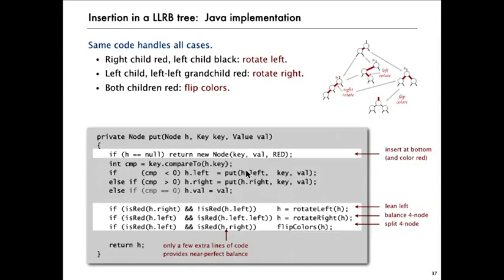And that strategy is going to pay off in giving us really simple code, because in this implementation for left-leaning red-black trees, we're going to return the link whenever we're done, and then that'll get that link installed up in the node above, whether it be left or right.